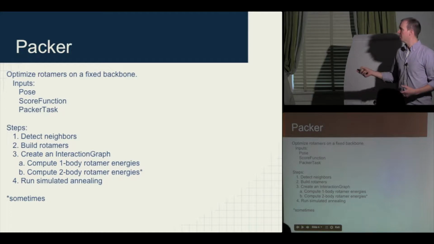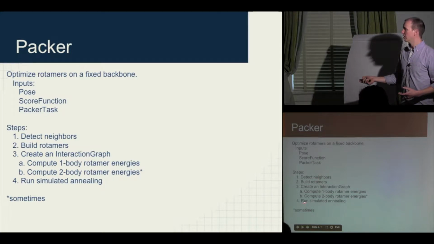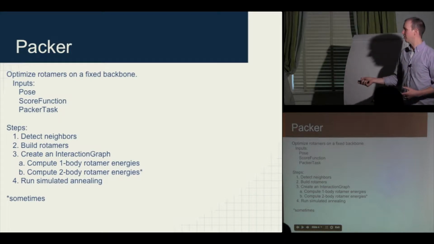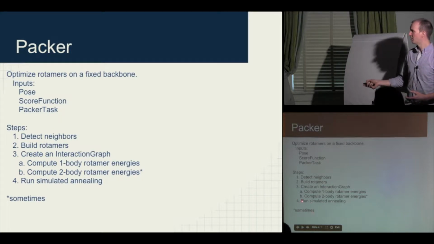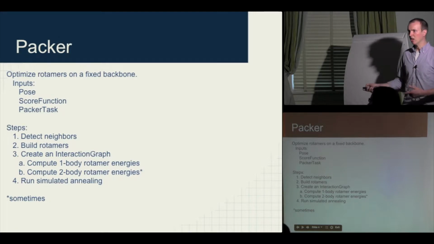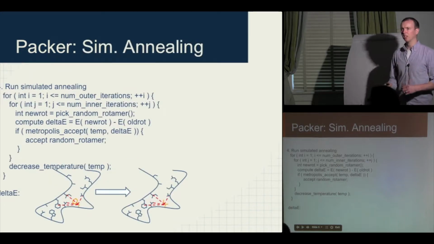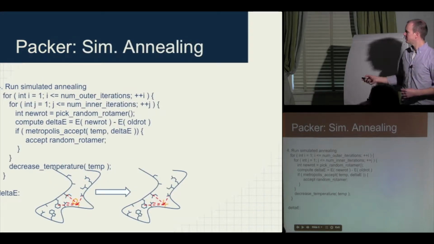All of these steps make sense only in terms of what happens at the very final step. And so I'm going to tell this story of how the packer works, starting from the end and going back to the beginning. Inside simulated annealing, inside the packer, we have basically a pair of for loops.